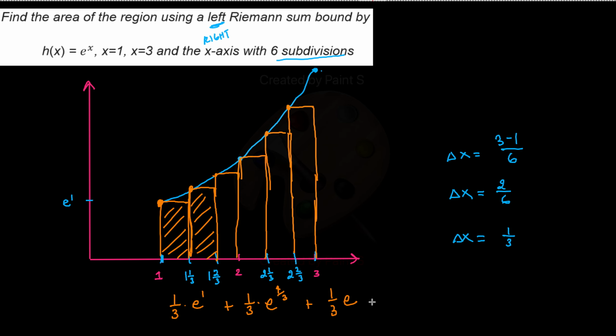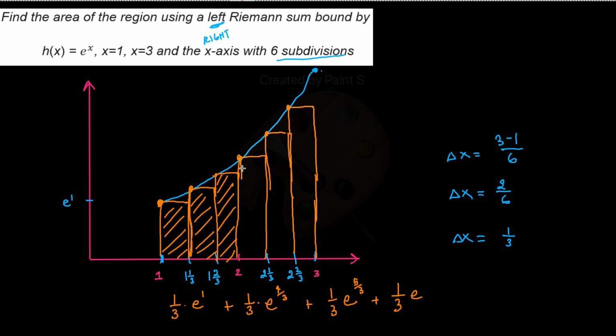So I keep going like this, and then it's e to the 1 2/3, which is 5/3, plus 1/3, and that was this rectangle right here. And I have to do this a total of 6 times. So I have 3, e to the 2, right?